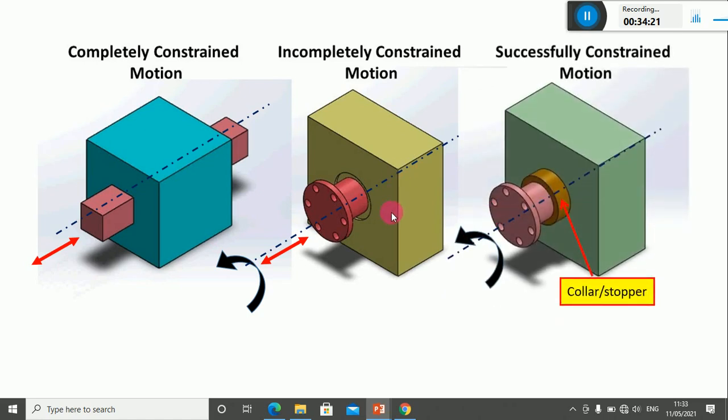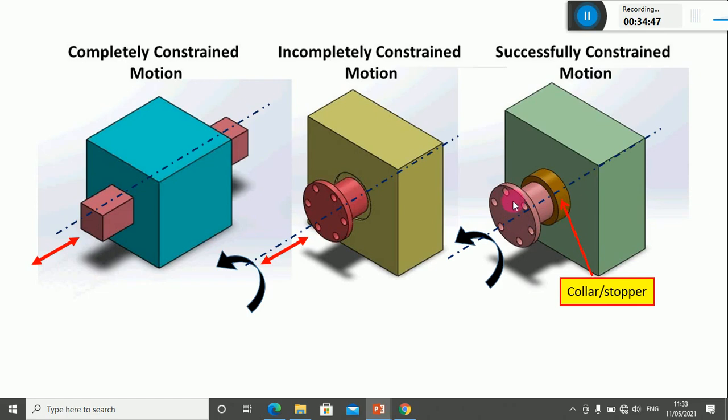Then how to convert this incompletely constrained motion to a completely constrained motion? What I will do at this point, you can see here, I'll provide a stopper or collar, so that I can avoid the linear motion, the sliding motion. After providing a stopper to this shaft, there will not be any linear motion along the axis.